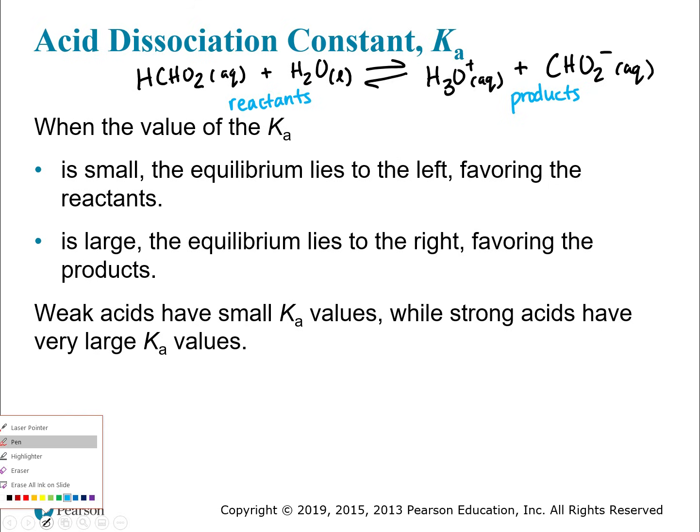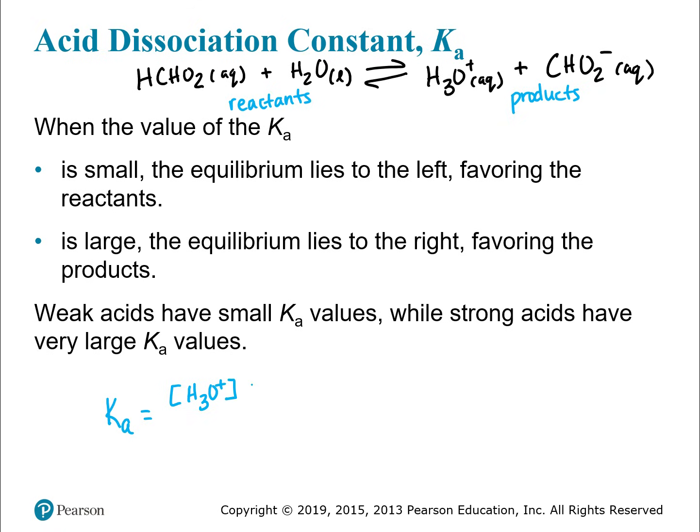And I'll remind you of what our Ka expression is. We took the ions from the product side. We want those concentrations on the top, and the concentration of acid on the bottom. Now this Ka actually has a value. It's equal to something.